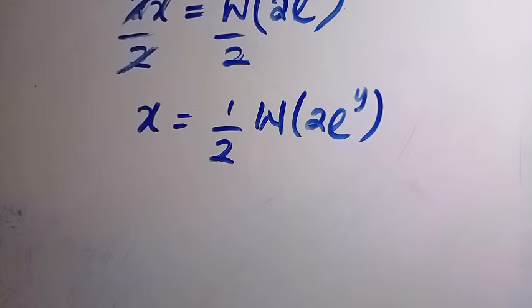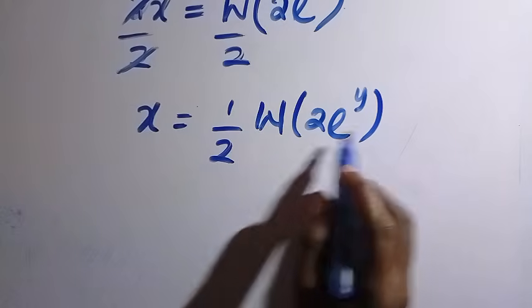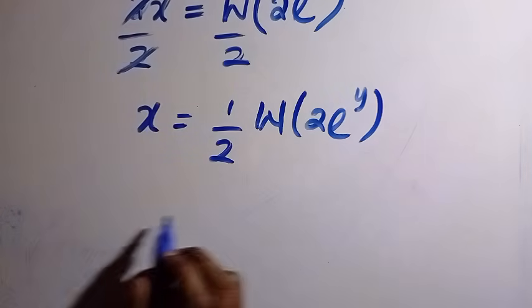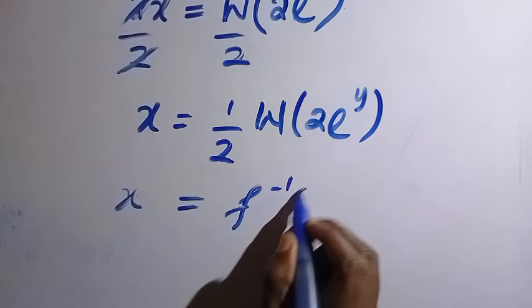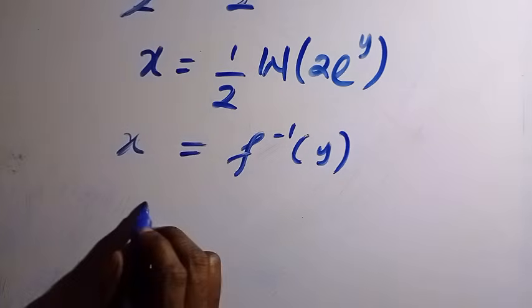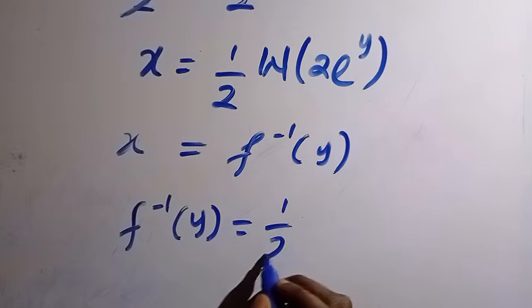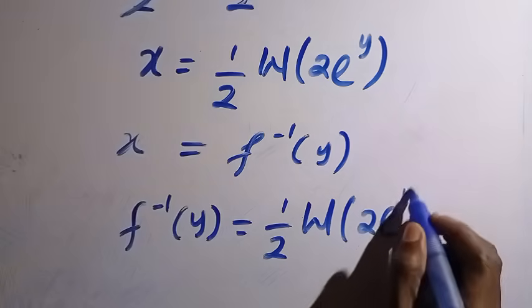This is what we have, and it doesn't end here. Looking at this, x and y contradict, so we have to make both of them look the same. Recall that we have x equals f inverse of y. So we replace x with f inverse of y, and we have f inverse of y equals 1 over 2 the Lambert W of 2 exponential of y.